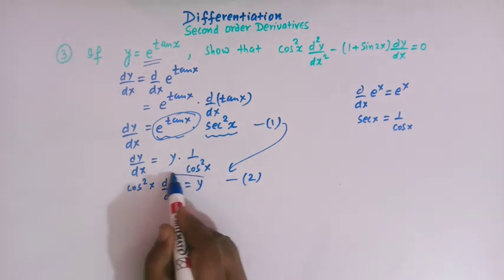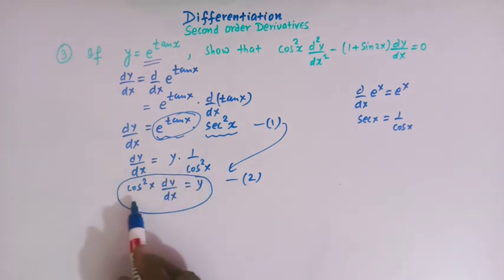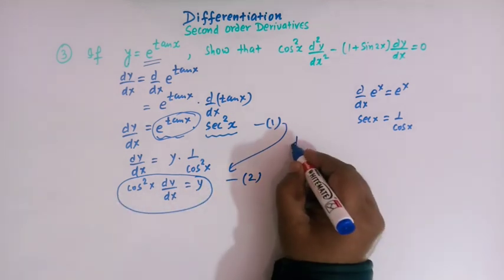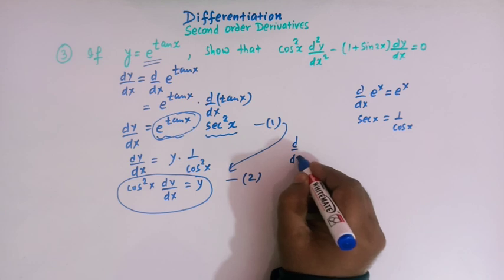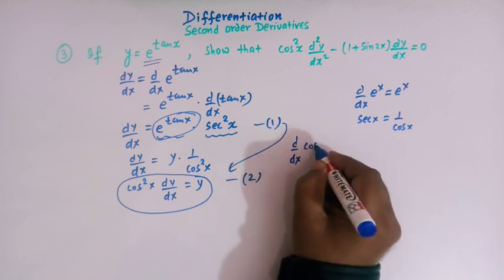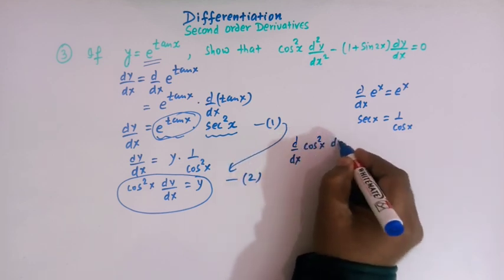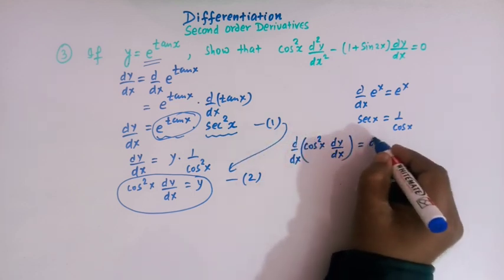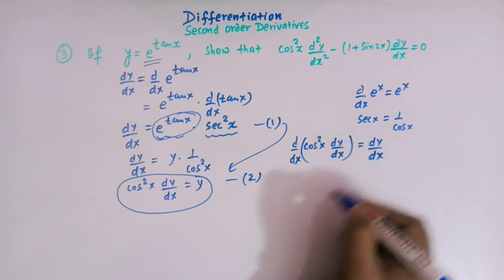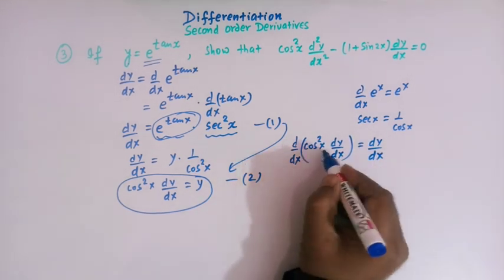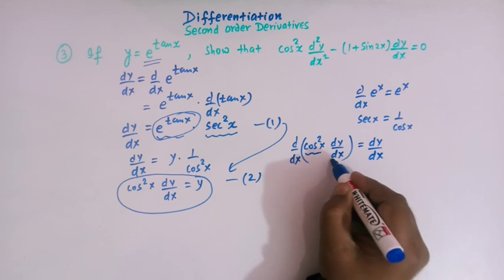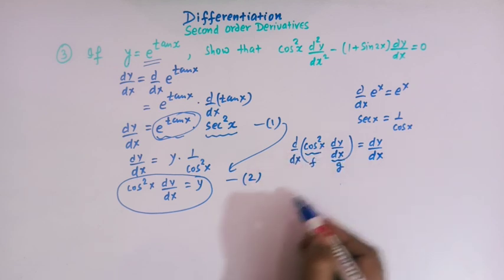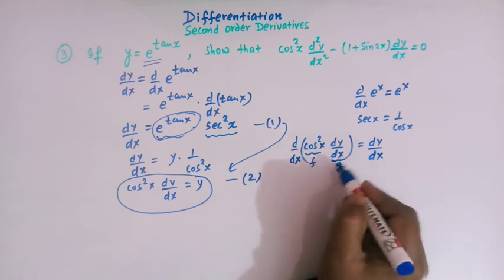Now we can differentiate this equation on both sides with respect to x, right? So we'll get d/dx of cos²x dy/dx, and here we have dy/dx. And here we have the product of two functions, so we can take this function as f, this function as g, and use the product rule.